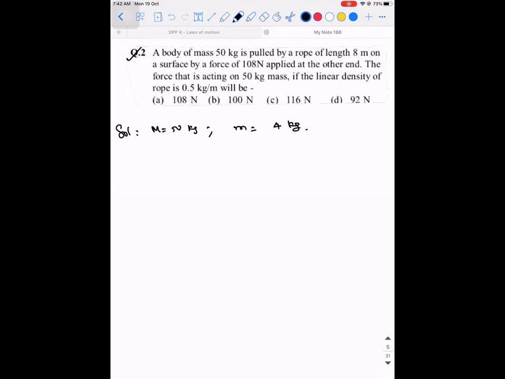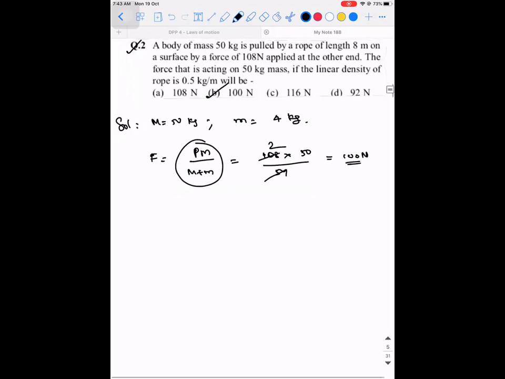Yes, that's right. So the force is P into capital M divided by capital M plus small m. So what is P? 108 into capital M, which is 50, divided by 54. So 54 into 2 is 108. So 100 Newton will be the answer. Okay, but don't remember this like a formula. You know how to solve it. That's why you used it like a formula. Okay, going to the next question.